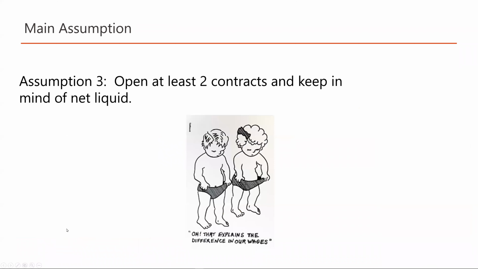Okay, so main assumption number 3 is open at least 2 contracts and keep in mind the net liquid. So if you're starting out and you don't know the number of contracts you need to pick, then you gotta pick up at least 2. If you assume 1 contract, then you're just a tester.